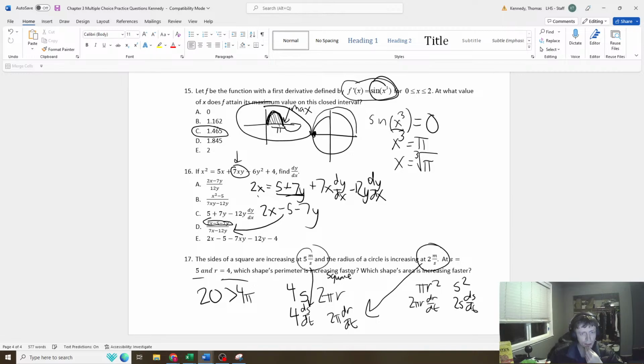You plug in the stuff you know, so r is 4, like 8 pi times dr/dt, which is 2, and 2 times s, which is 5, ds/dt is also 5. So now it's the game. Which is bigger, 16 pi or 50? And I think 16 pi is... I think that one wins. That's how that works.